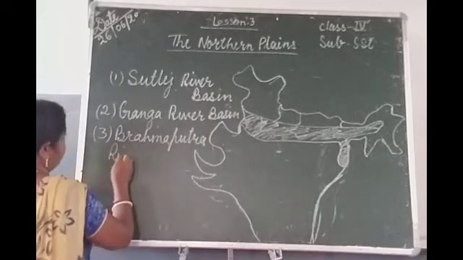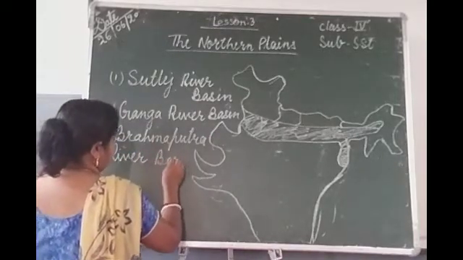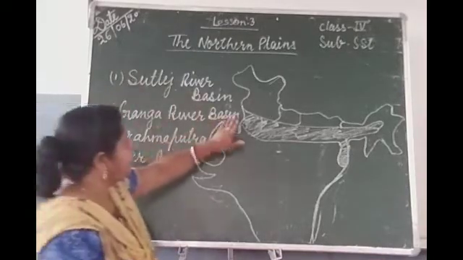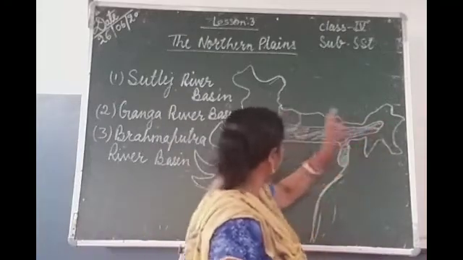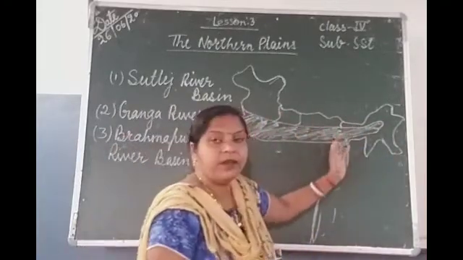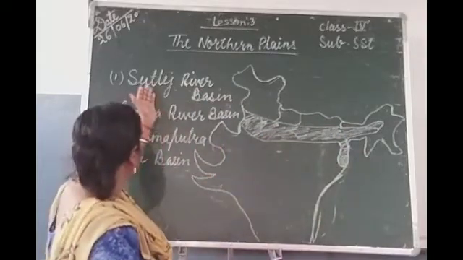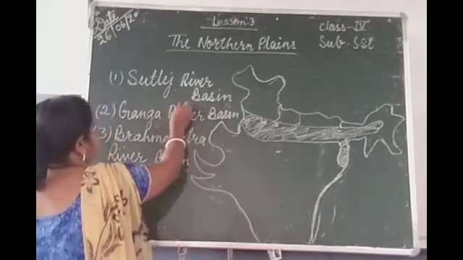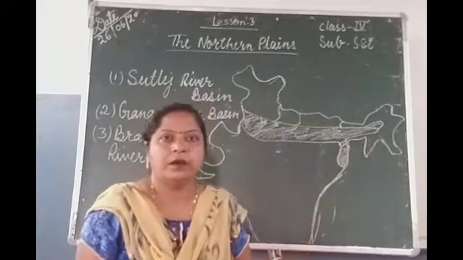So this whole northern plain, from east to west, is divided into 3 river basins. What are they? They are the Satluj basin, Ganga river basin, and Brahmaputra river basin. So start with the Satluj basin.